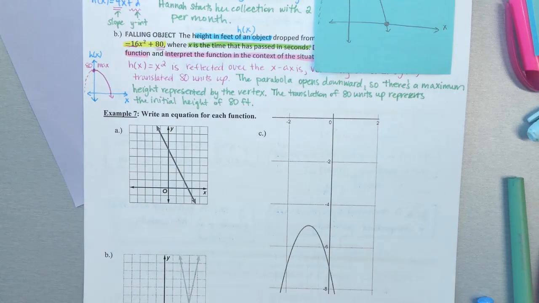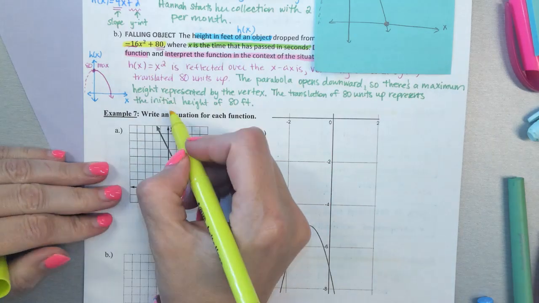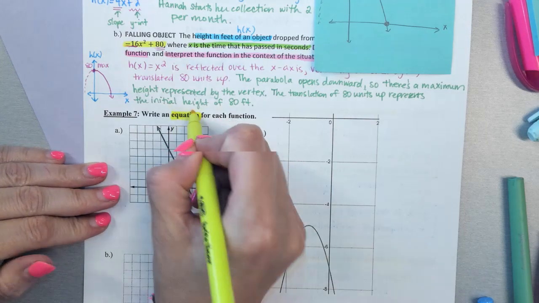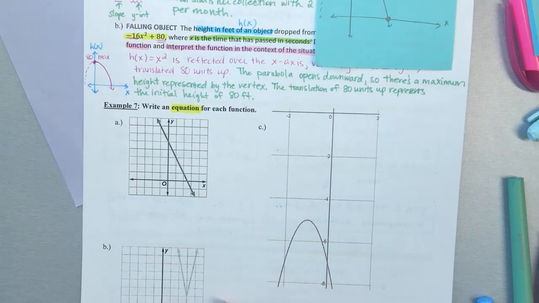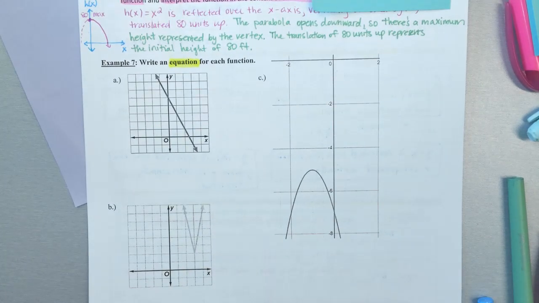All right, and then the last thing we're going to do today is write an equation for each function. We did a little bit of this yesterday, but we're going to expand this today. Okay, there's going to be a few extra things. Okay, for A, it is a linear function. So you're not necessarily going to have to show work when you do this on your own.